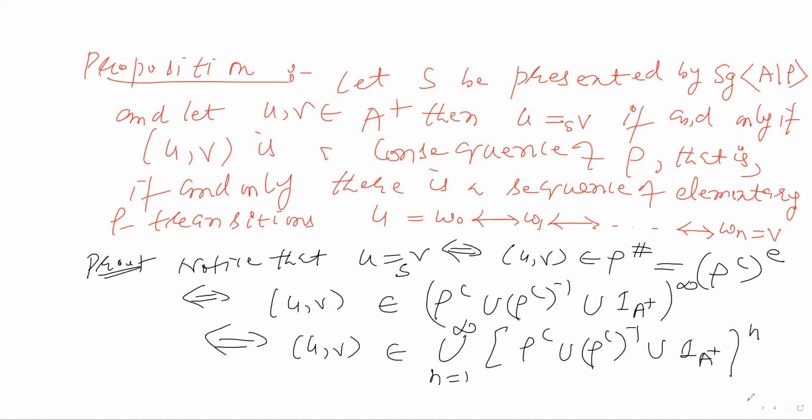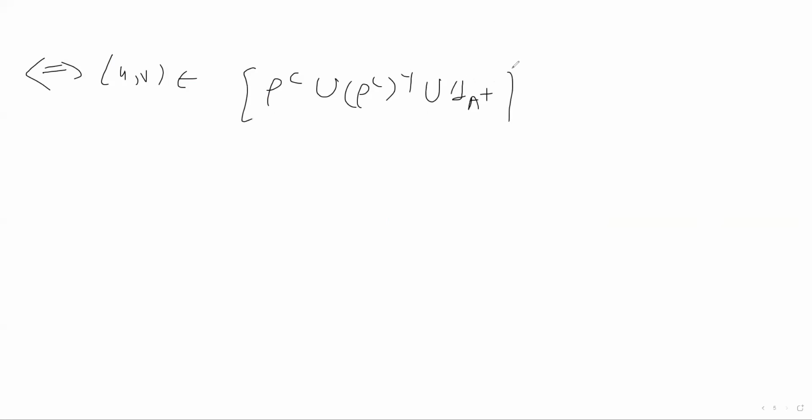Okay, so it means that it belongs to this for some n, or you can say that (u, v) belongs to ρ^CE if and only if it belongs to (ρ_C union ρ_C inverse union identity on A plus) to the power n for some positive integer n.